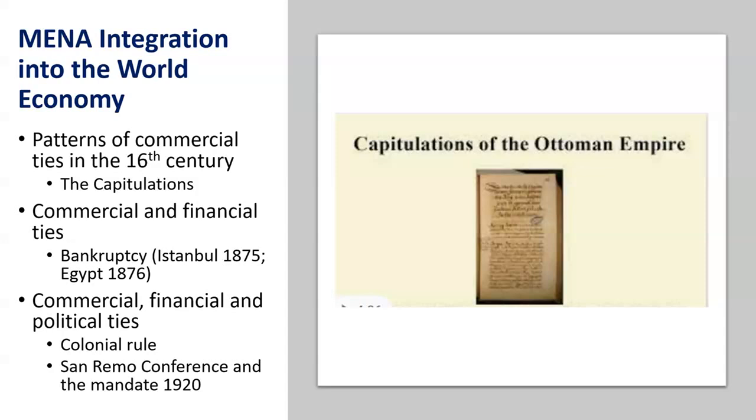So part of the region had been part of the global economy through these kinds of commercial ties. So any clue about the terms of trade during the Ottoman rule? What kind of commercial ties did the region have with the European states under the Ottoman Empire?